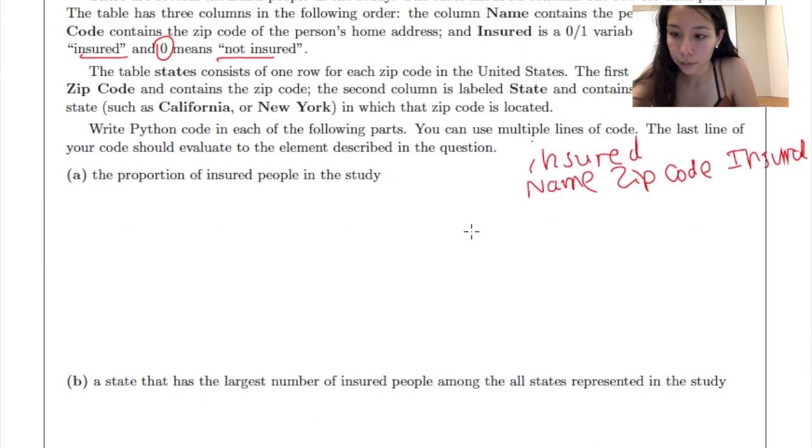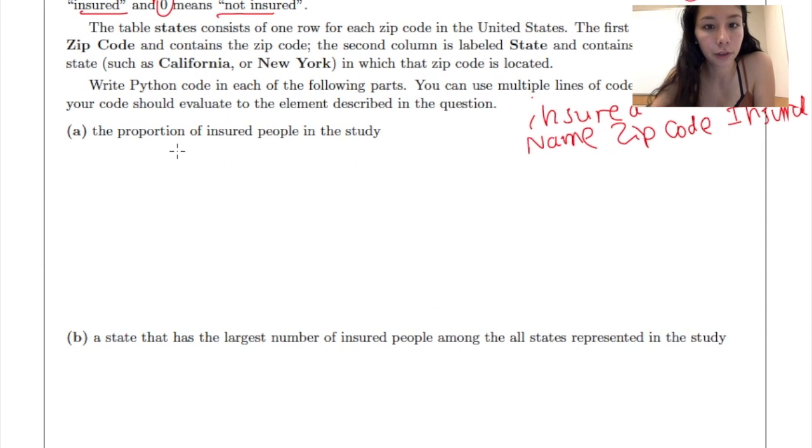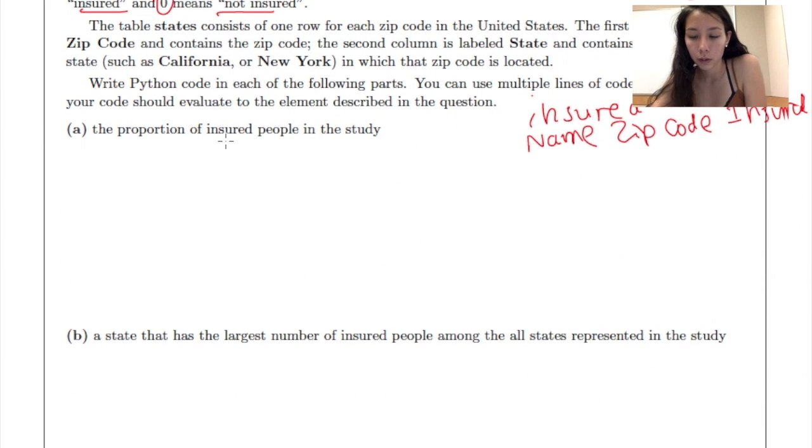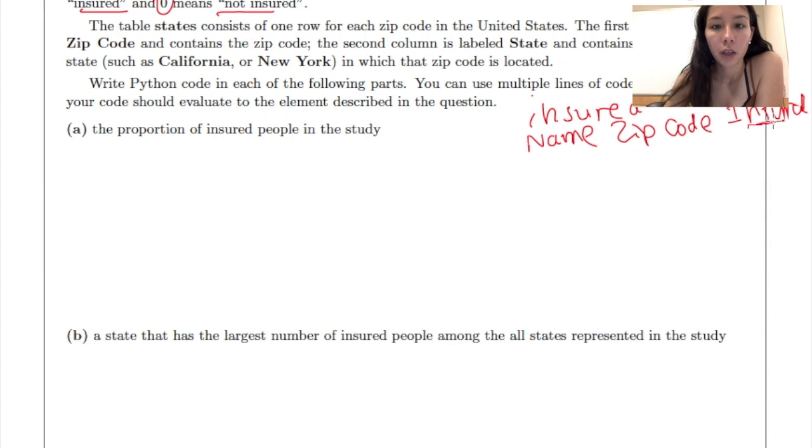So, for this first question, we want to see the proportion of insured people in the study. So what we want is the number of people insured divided by the total number of people. To get the number of people that are insured, we want to take this column and take the sum of it, because we're going to be getting all the insured people because they have a value of 1, and we're just adding those up.